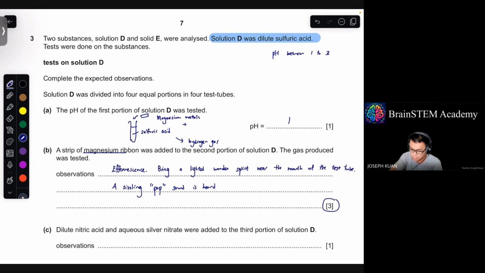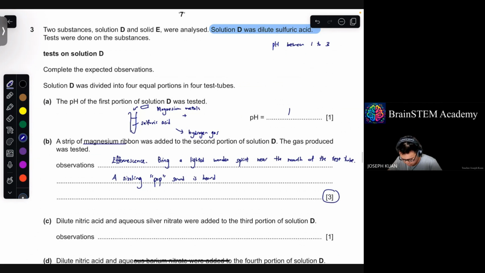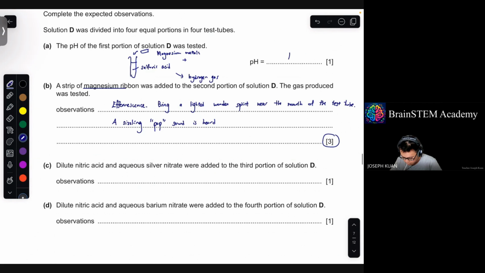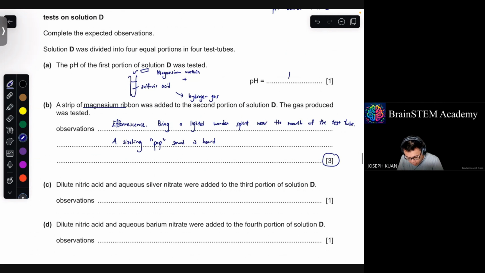All right. So looking at C, dilute nitric acid and aqueous silver nitrate were added to the third portion of solution D. Observations. So what's the main point here?